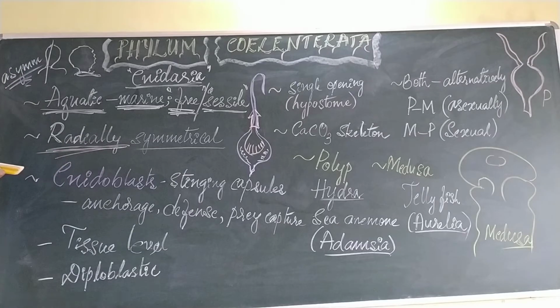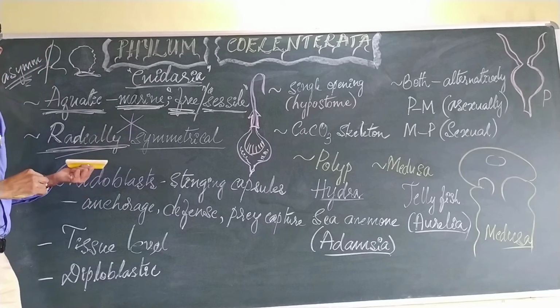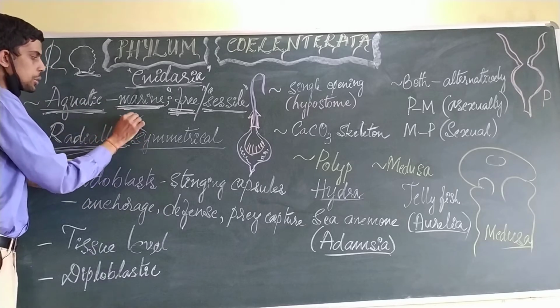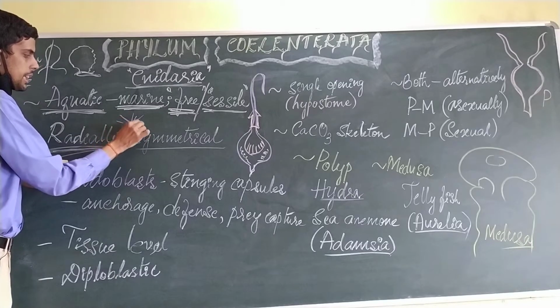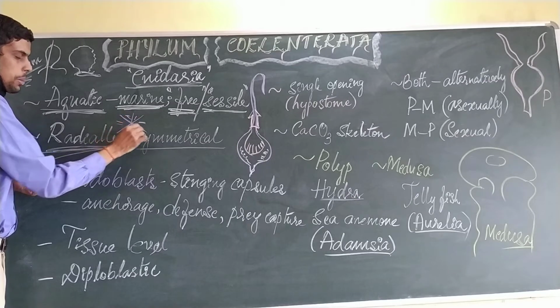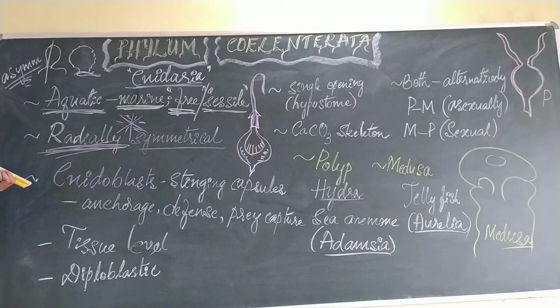That is, you can divide the animal body into two equal halves at different planes, right? So here you can find different planes. That is radial symmetry. So for Poriferans you write asymmetrical, whereas here they are radially symmetrical.